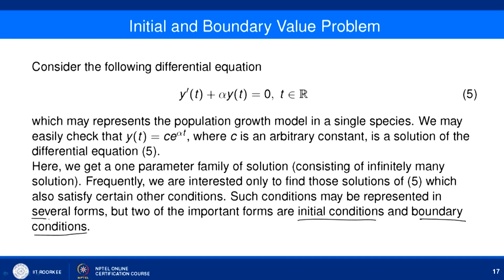There are several other forms also available, but here we consider only these two. There are initial conditions, nonlinear, non-local conditions, impulsive conditions, and several other conditions available, but here we will restrict ourselves to initial conditions or boundary conditions. So, what are these initial or boundary conditions? Let us discuss this.